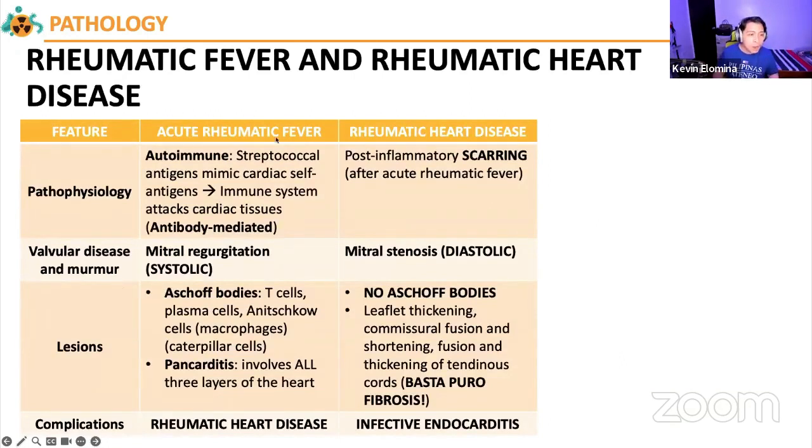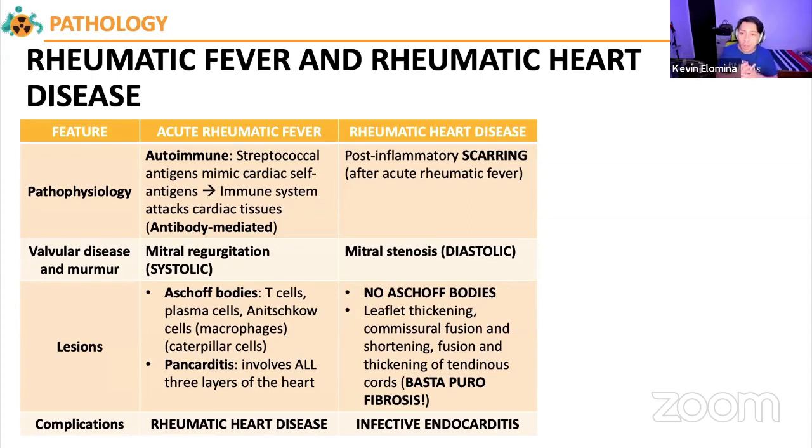Okay? Now, rheumatic fever and rheumatic heart disease. No, this is also a common thing na tinatanong. Okay? So remember lang na ang acute rheumatic fever at ang rheumatic heart disease ay magkaiba. Okay? Kasi ang acute rheumatic fever, ito yung autoimmune. No? Ito yung autoimmune disease. Okay?